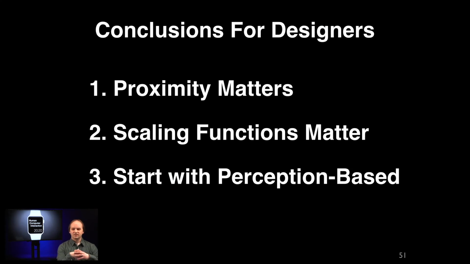We showed that the different scaling functions did generate different results, so that's important. And we would give a recommendation to people building platforms like this, or platforms that are going to get near people, to start with that perception-based, logarithmic-based scaling.